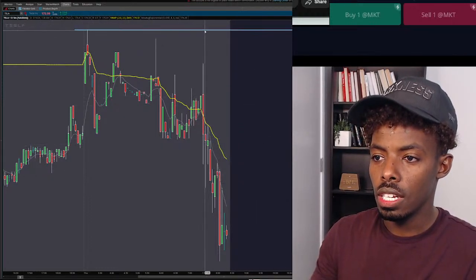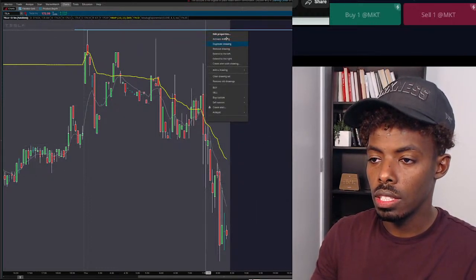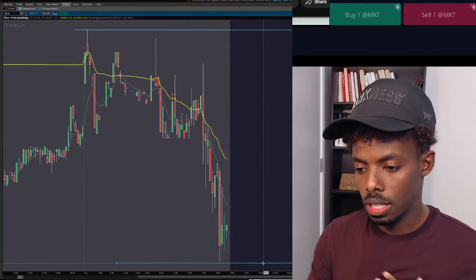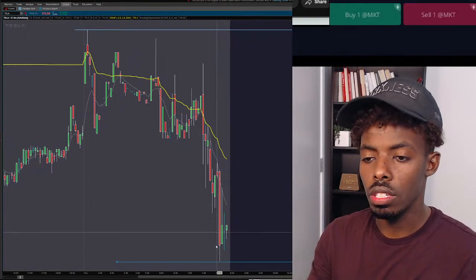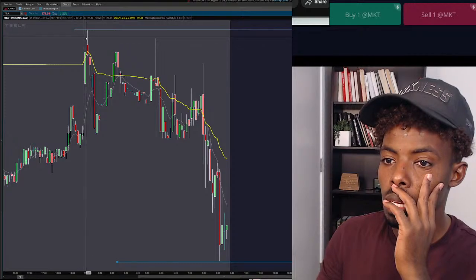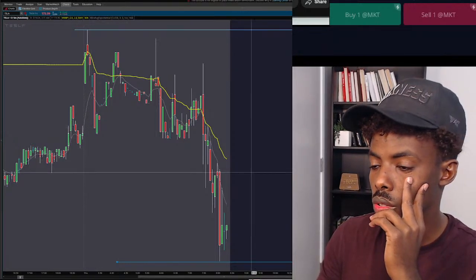So far, it has not officially claimed the low yet because it's still dipping. So as of right now, this is the low until it cracks it. But look at this, it's a major level, a major wick.